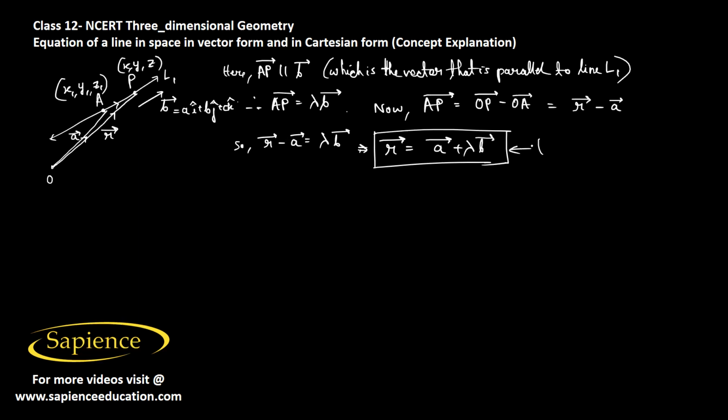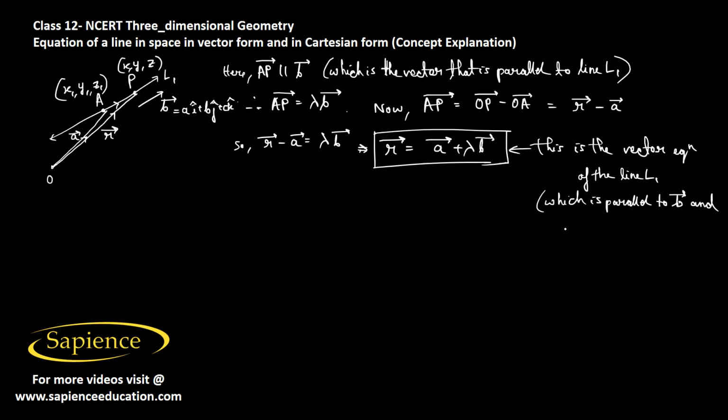So this is the required vector equation of the line L1, which is parallel to the B vector, and A vector is the position vector of a given point on the line L1.